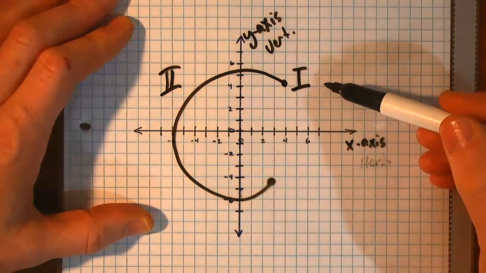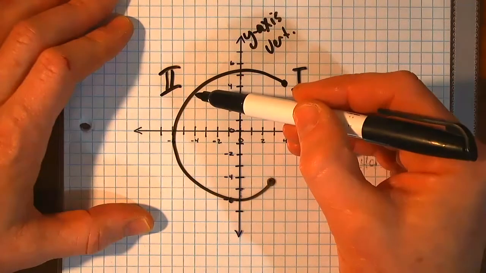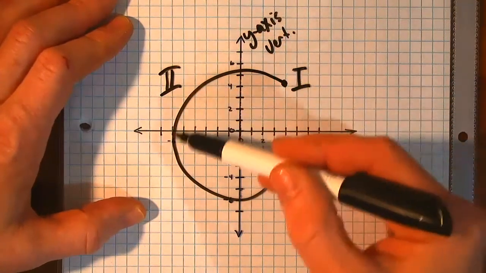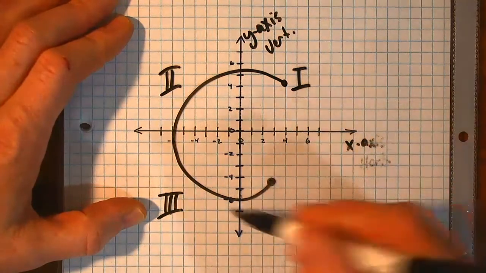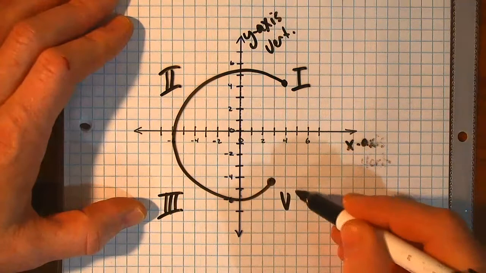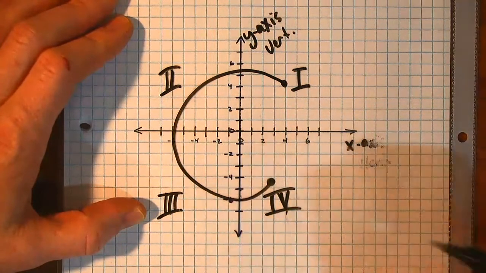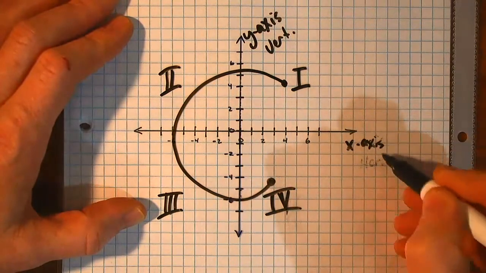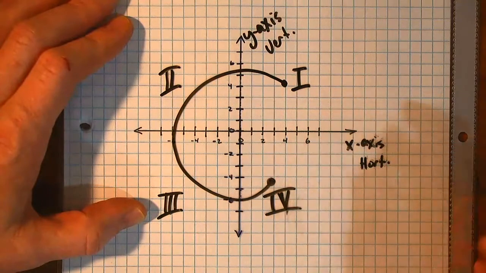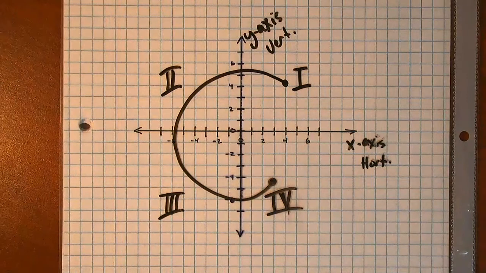So in the top right is 1, because that's where I would start my C. The next place my C would go is quadrant 2, that's the top left. Then down here in quadrant 3, bottom left, and we're going to finish over here in quadrant 4. Whoops, that's a 6. Quadrant 4 is where we're going to finish. Okay, so these are our four quadrants that are created by the axes, right? So that's the basic idea of the coordinate system.